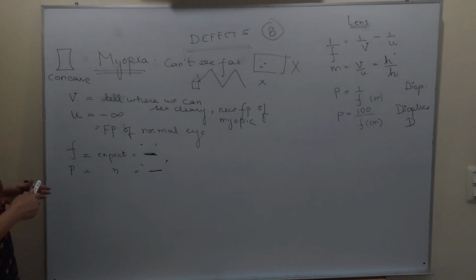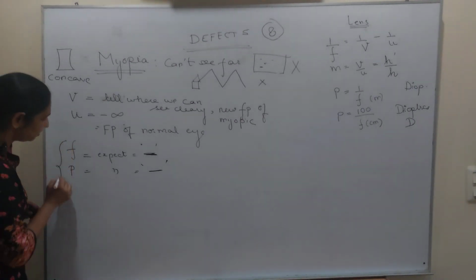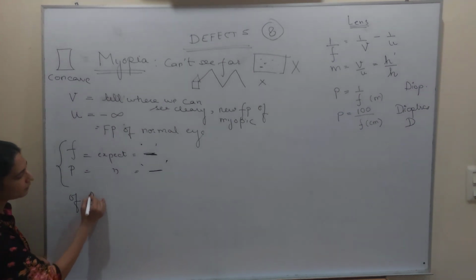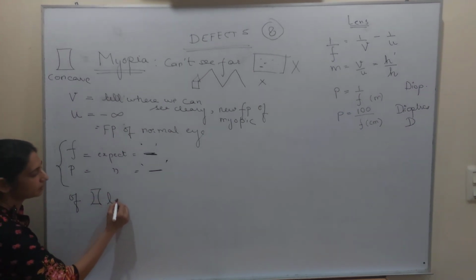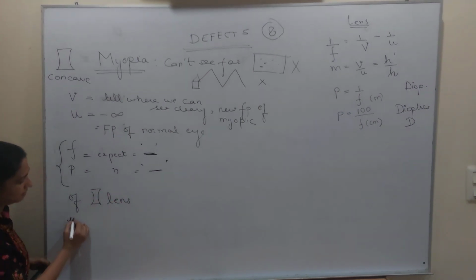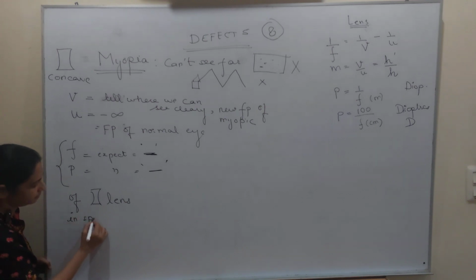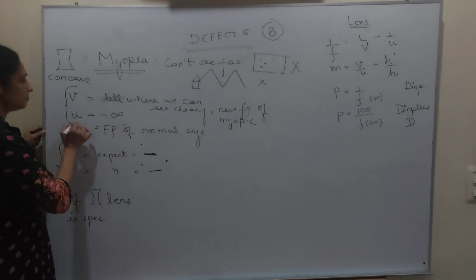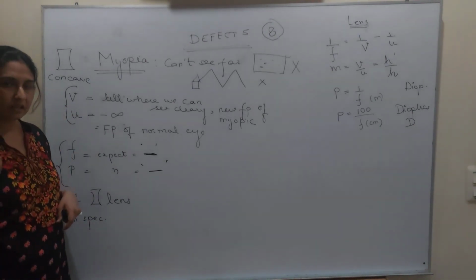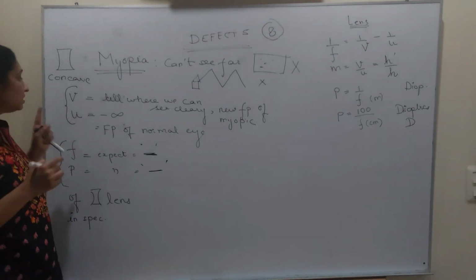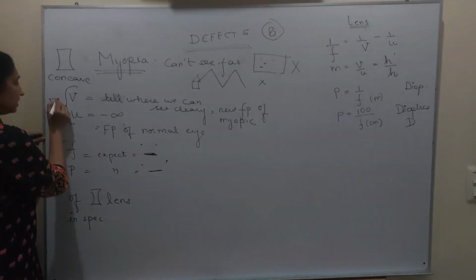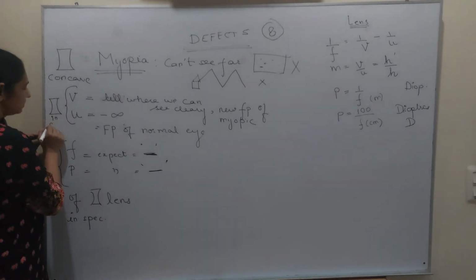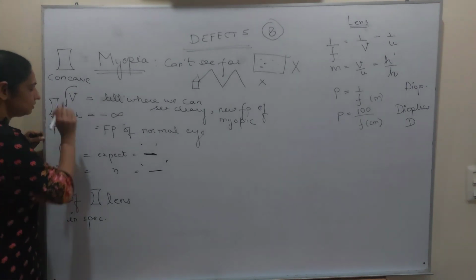This is the focal length and power of the concave lens in the spectacles. This v and u is for whom? Is it for our eye? No. It is for the concave lens which we have put in the specs.